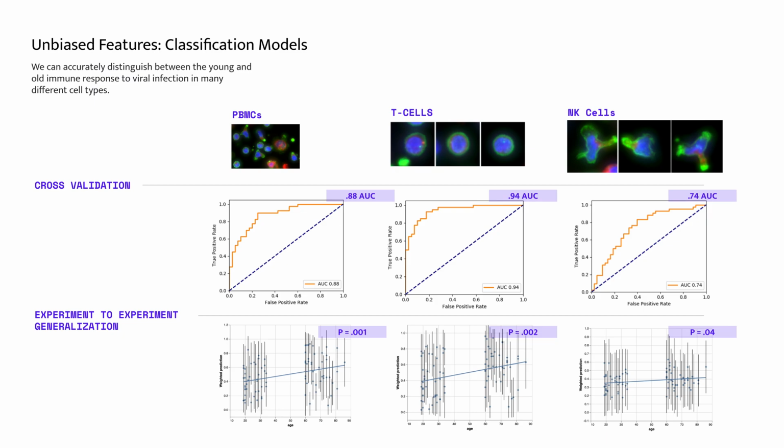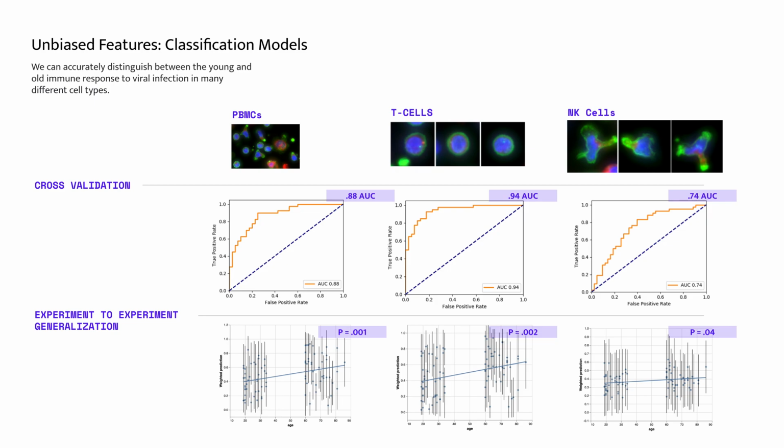Besides targeted features, multi-phenotype aging profile also uses deep learning algorithms to model the young and the old viral immune response. The deep learning algorithms embed the images at the single cell level.